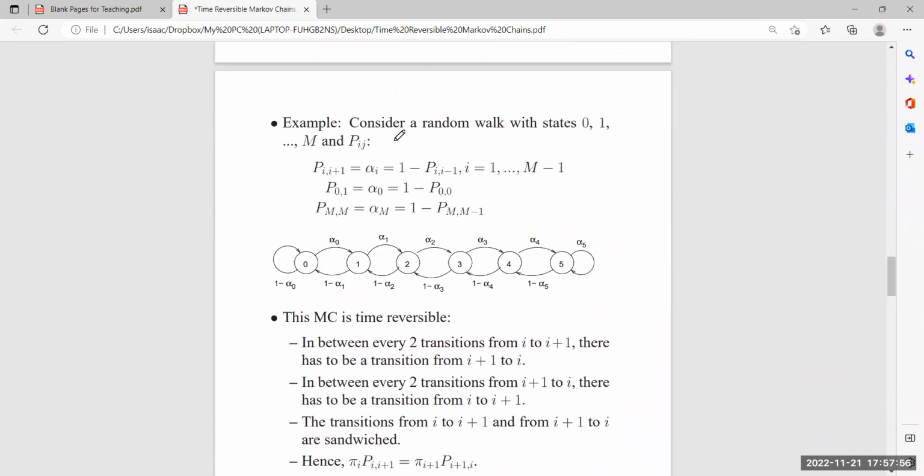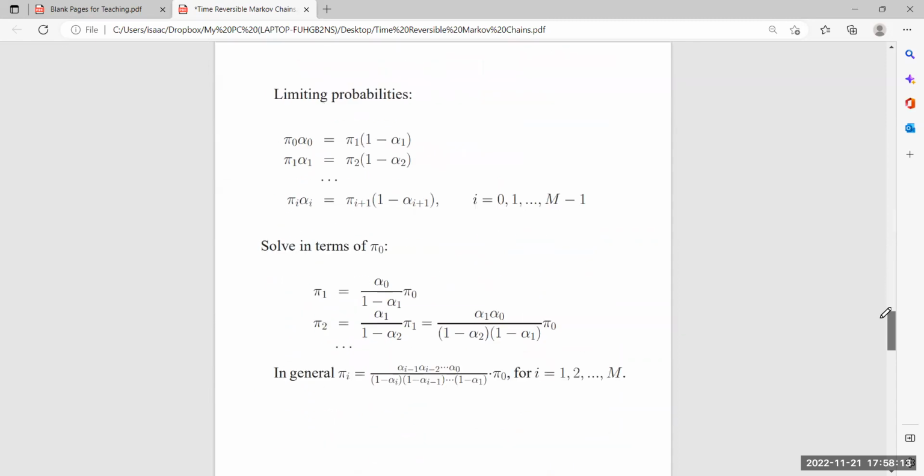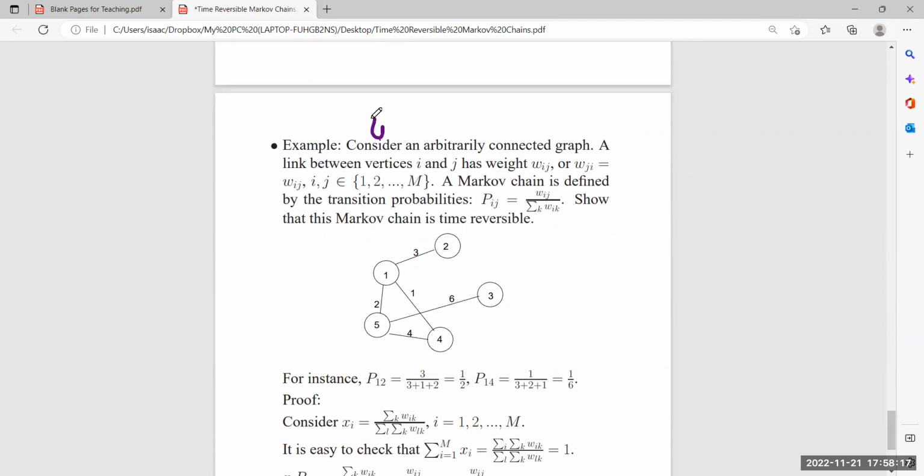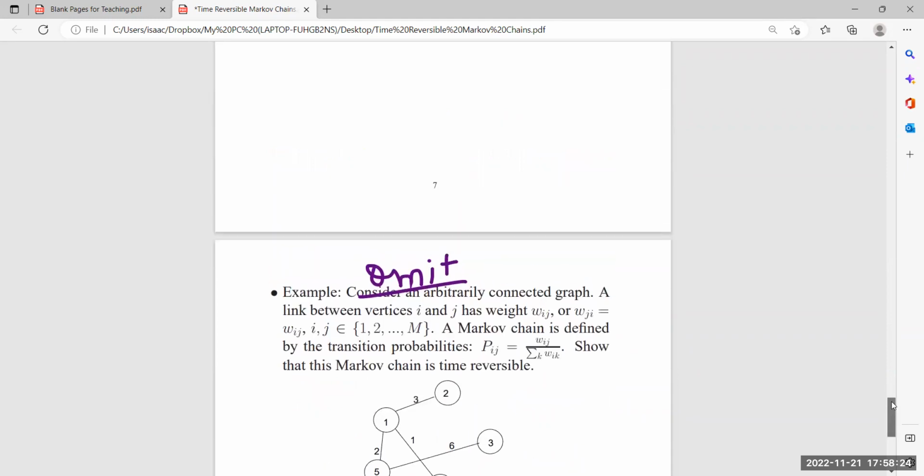For example, a random walk is one of those which is time reversible. You can go in one direction, but you could have a Markov chain that goes in the other direction as well. I believe I have two examples here. You could omit this one, which is with respect to graph theory. But the first example might be useful.